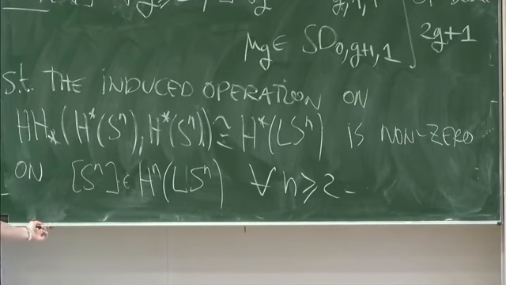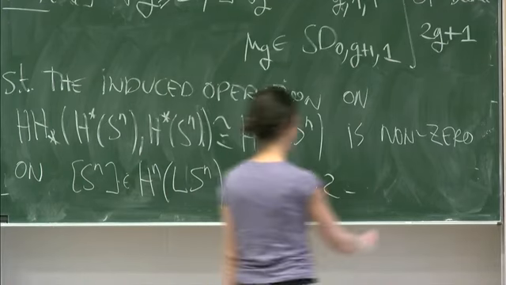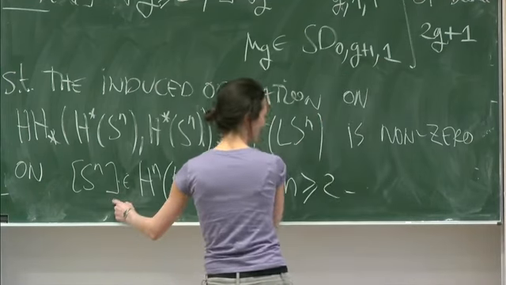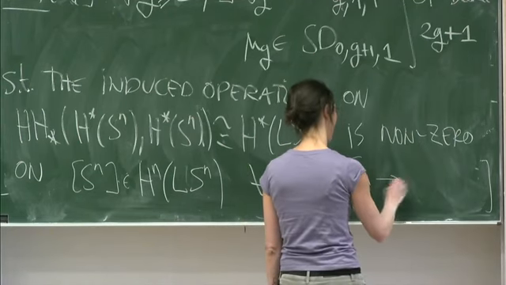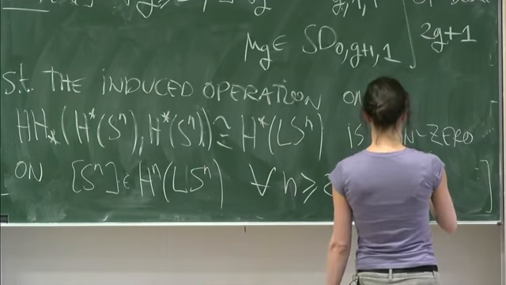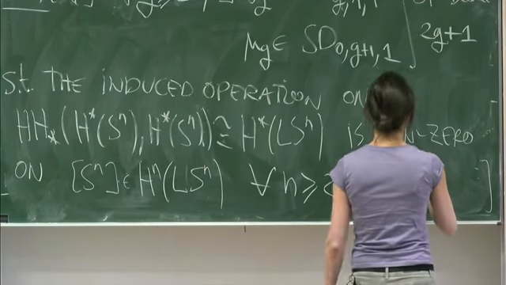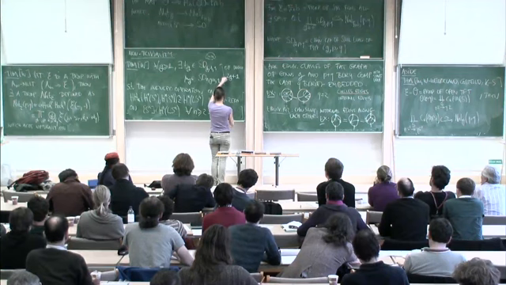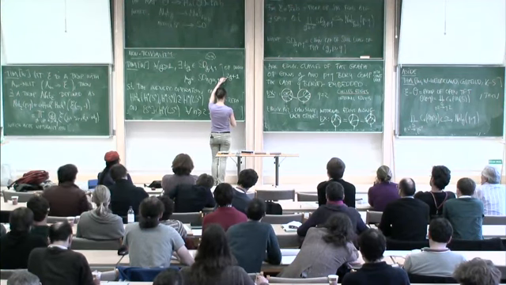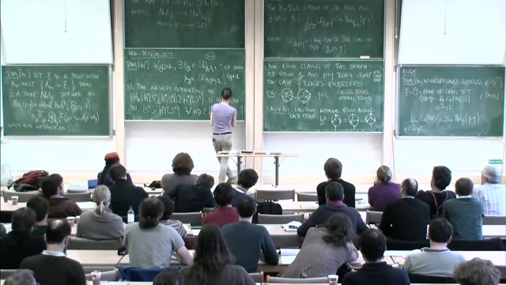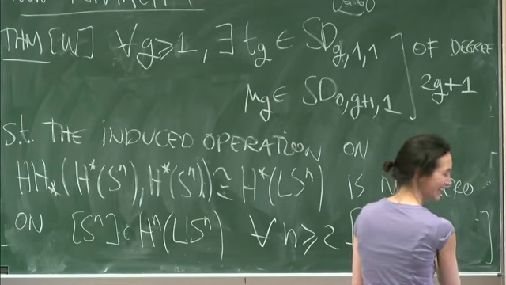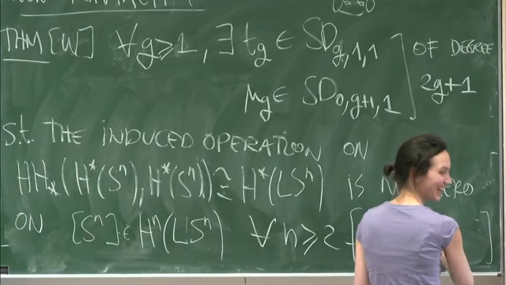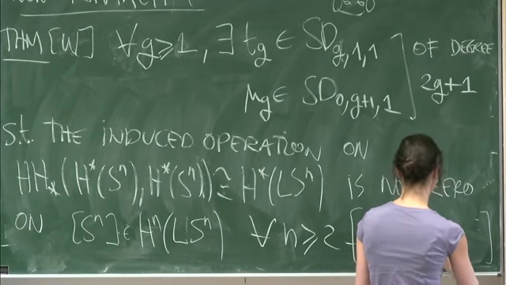What dimension is it, if you take this operation, TG? What dimension does it have on that class? Yeah, so we'll take that class in degree n. It will go plus that degree 2g plus 1, but then minus 2gn, I think.